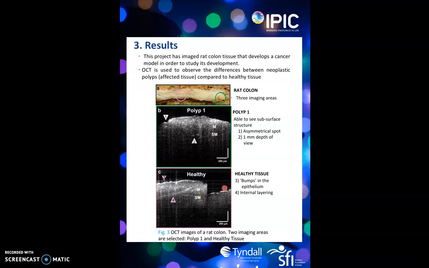And finally, if we compare our polyp with a healthy tissue, we can see it has a layer with bumps in the epithelium, and most importantly, we can see this internal layering inside the healthy tissue. So those parameters will allow us to differentiate between one another. So the purpose of this is to combine everything in an endoscope probe to give a more accurate information to endoscopists.